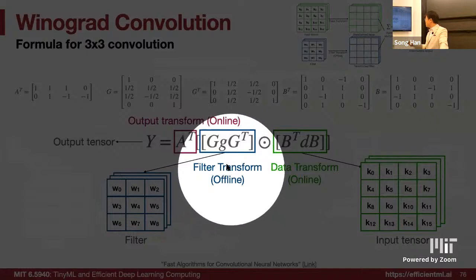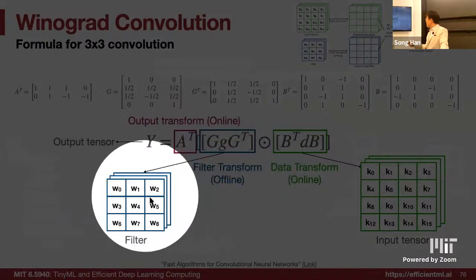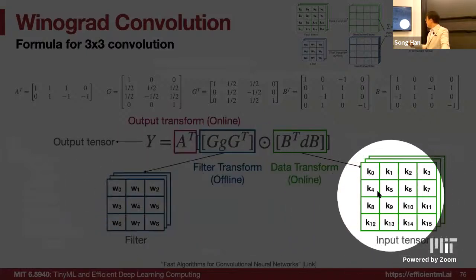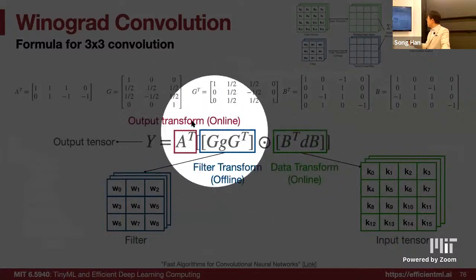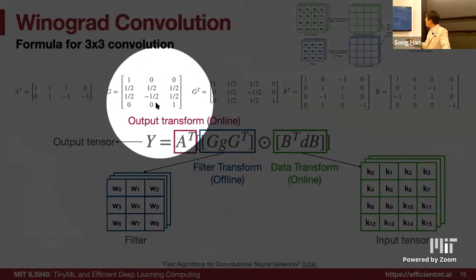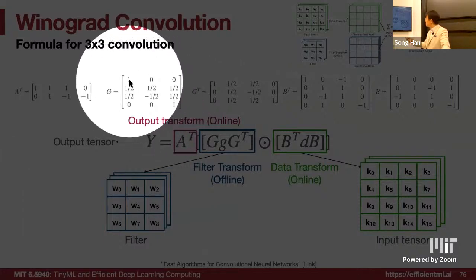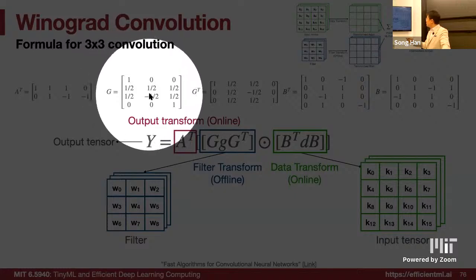Okay, so we do the filter transformation. This is the filter, and this is the input. We do the data transformation offline using the G and B matrices. So this is the G matrix, which only consists of 0, 1, 1/2, minus 1/2, which can be easily implemented by shift.